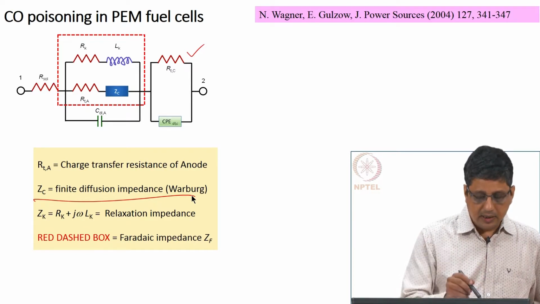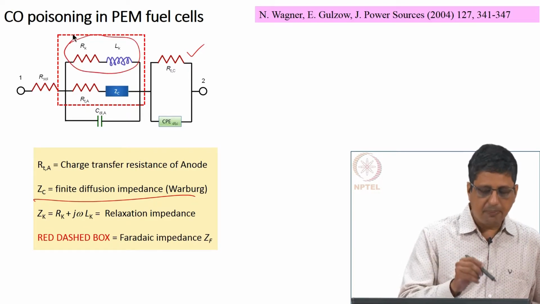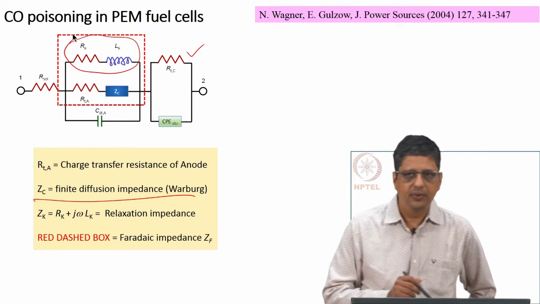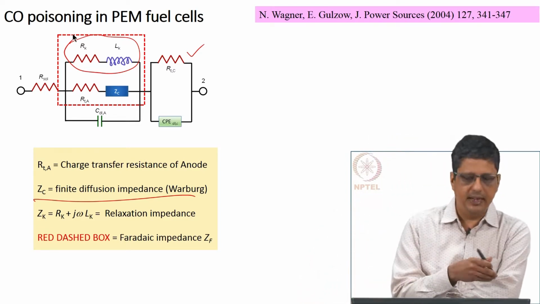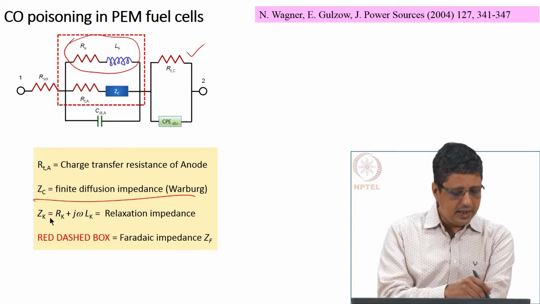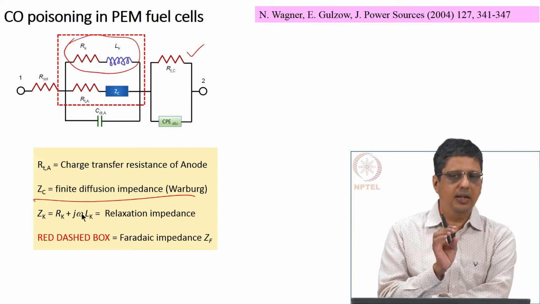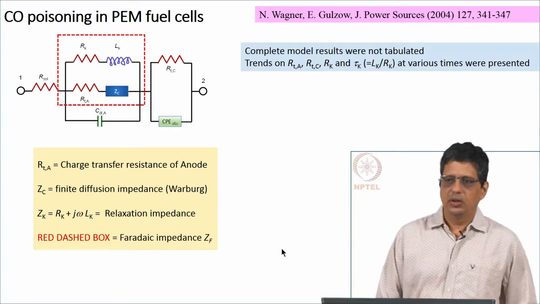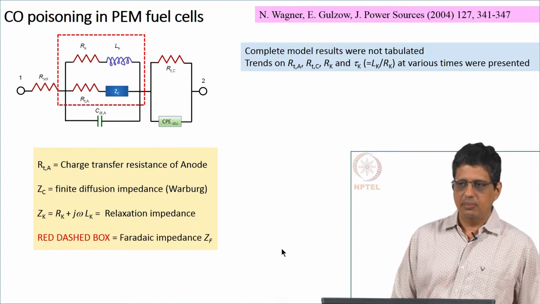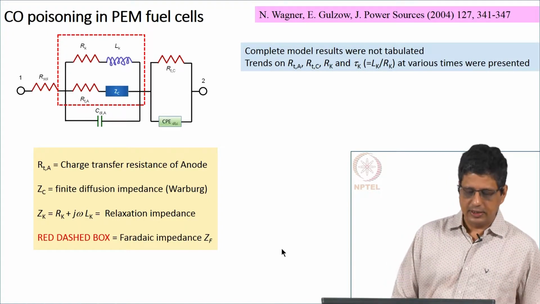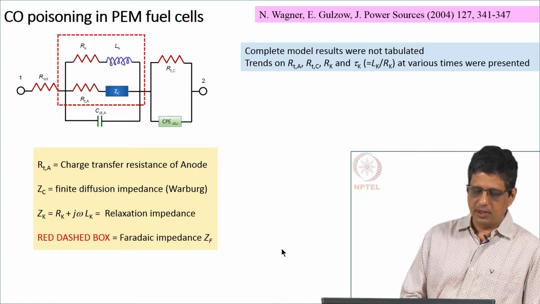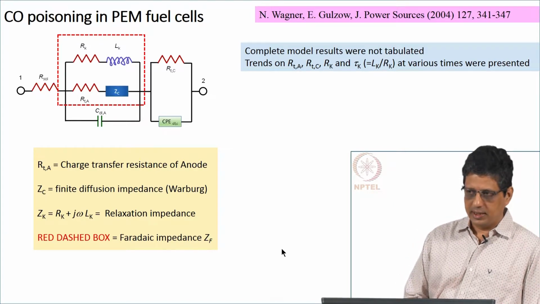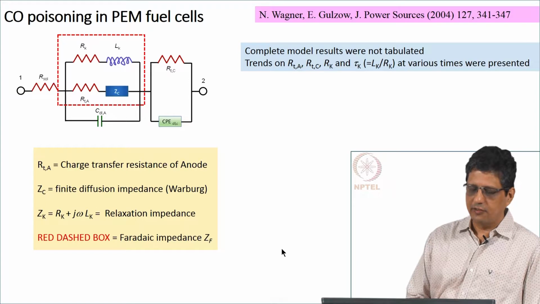Okay. Third, they also use a pair of R and L, Maxwell element, but with inductor, and they denote that by something called relaxation impedance. Okay. So, at this stage I want to make some remarks. First, this system is modeled using a cathode with a resistor and a constant phase element.